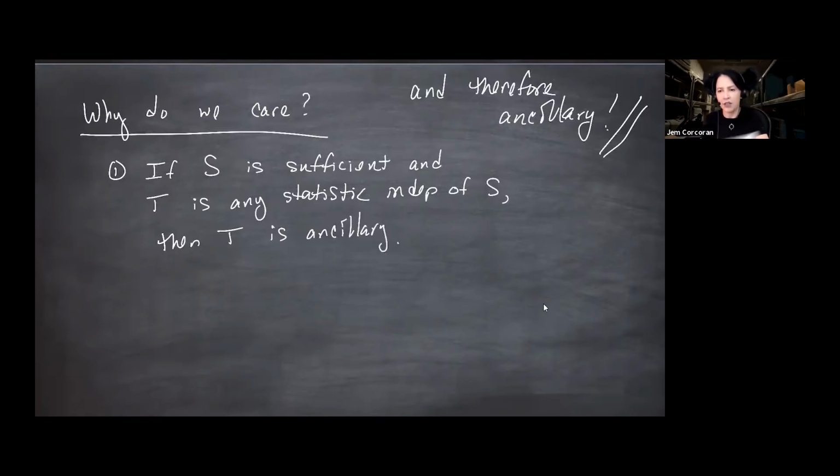I guess this still doesn't tell you why you care about ancillary statistics, but number 2 in this list will, and we're going to need this. Okay, so let's prove it.